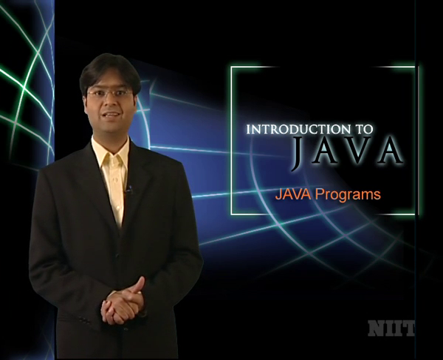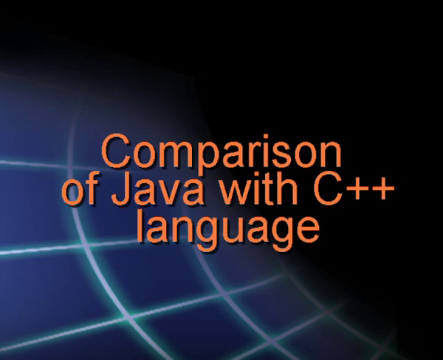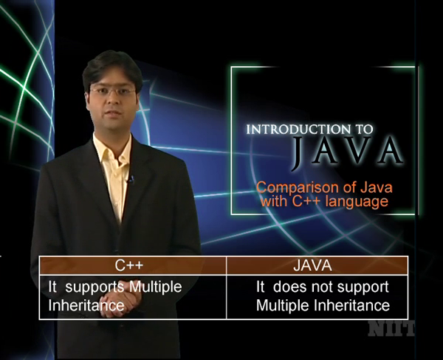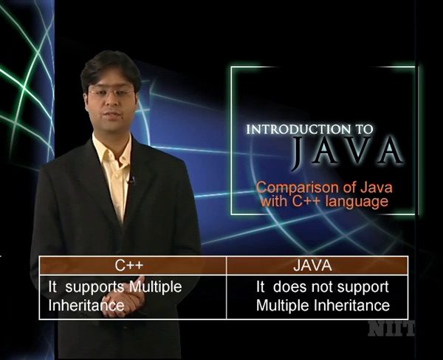Now, let's start with the comparison of C++ with Java. Now, let us see why Java was introduced when C++ was already there as an object-oriented programming language. C++ programmers used to make several mistakes while using certain features that were available in C++. Therefore, the concept of operator overloading and multiple inheritance were removed in Java, as they were one of the major cause of potential errors.